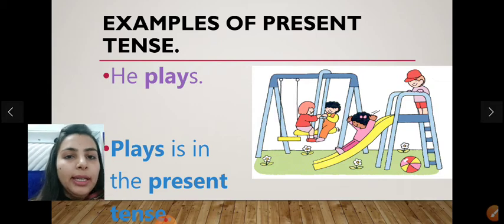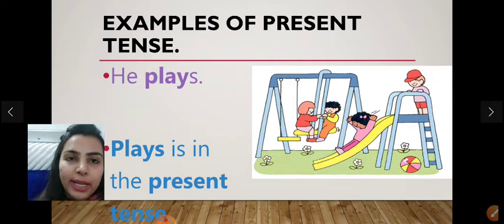That means he is playing right now. So he plays describes that that particular boy is playing right now. That means that action is happening at present. So he plays describes the present tense here.